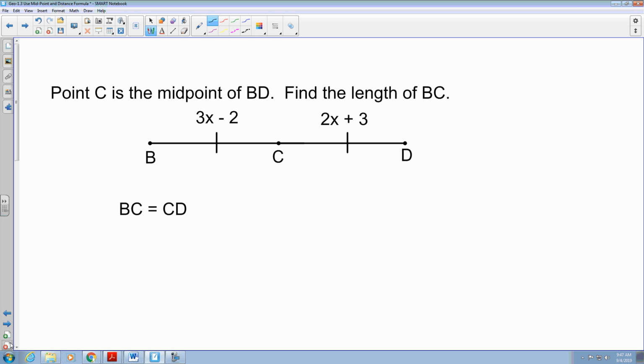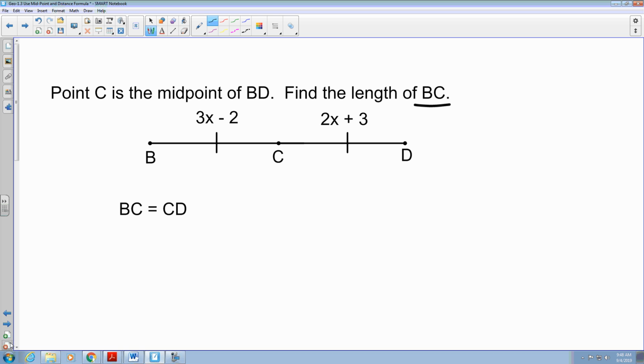From here, they told us that point C is the midpoint of line segment BD. They want us to find the length of BD. So in order for us to find the length of BD, we first need to find the value of X, because yes, they gave us measurements, but they attached a variable to it.